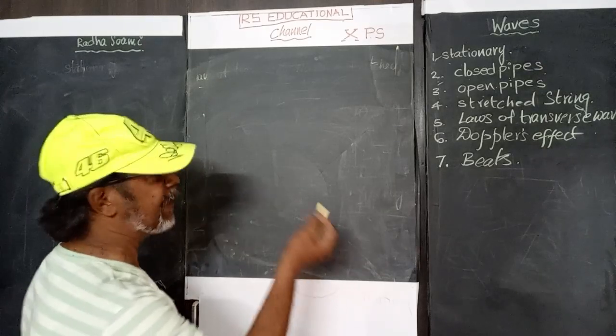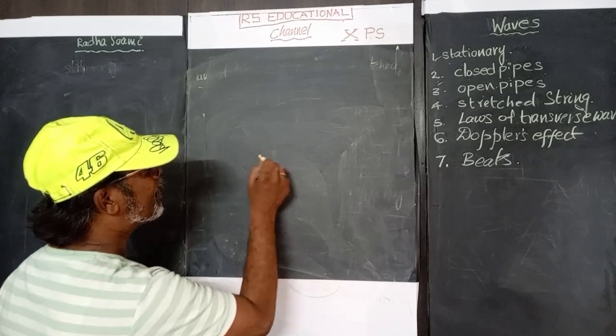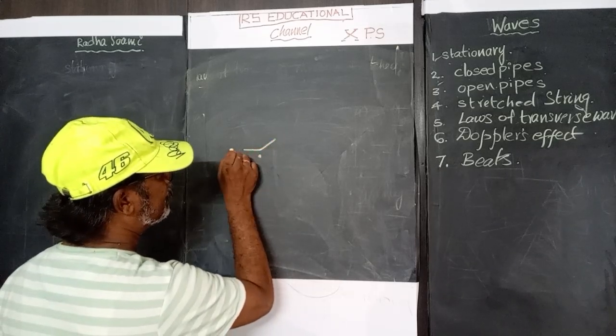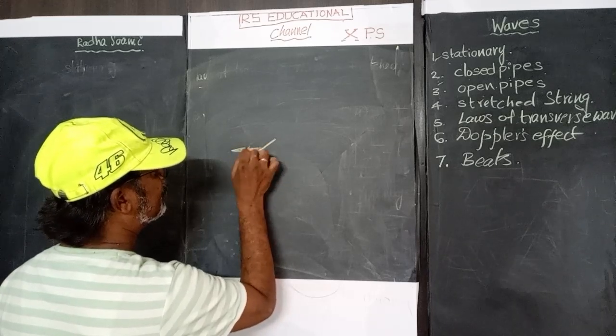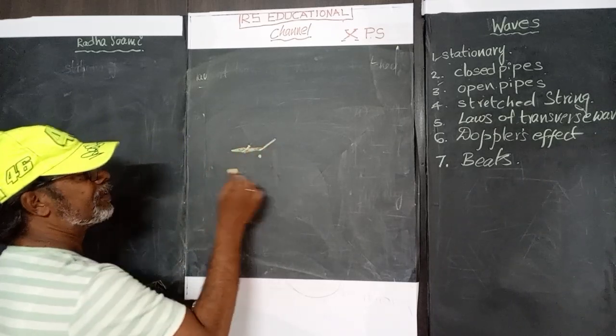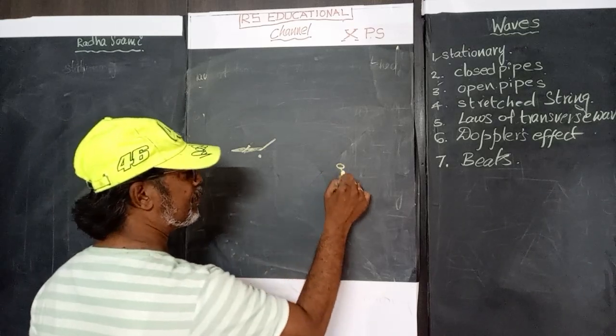Okay, now we see with an example. This is the source, an aeroplane. Here is the observer.